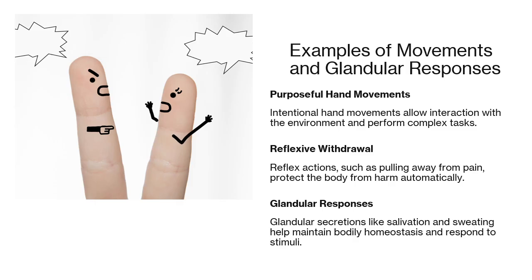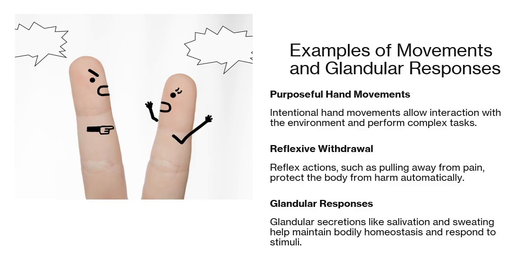Intentional hand movements allow you to interact with your environment, to perform tasks, whereas you've got reflexive withdrawal. That's that reflex that we've talked about before, where you reach out, you touch a hot pan, and immediately let it go because your system has learned, and we don't have to consciously think about this reflex action to protect us from harm.